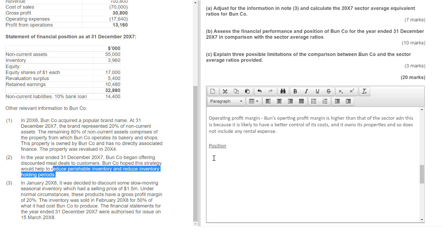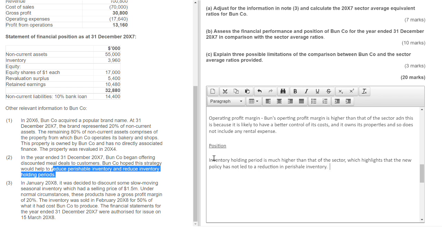So what we have here is that the inventory holding period is much higher than that of the sector, which highlights that the new policy has not led to a reduction in perishable inventory.